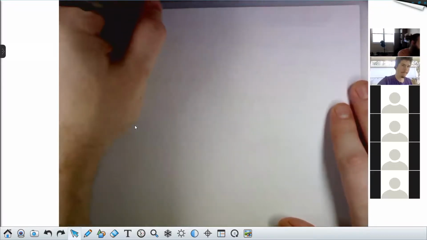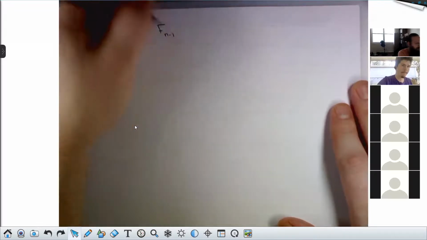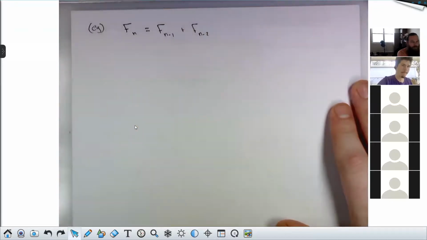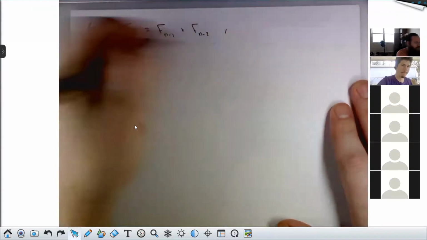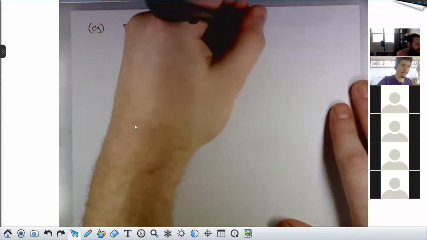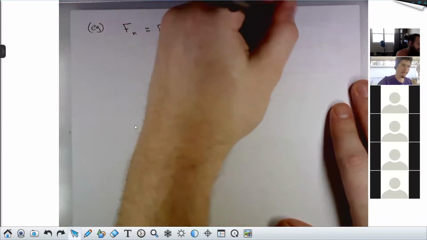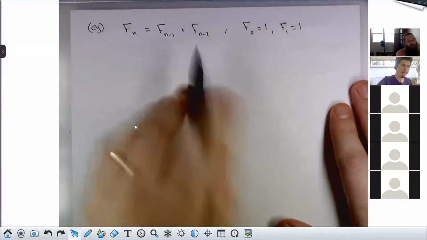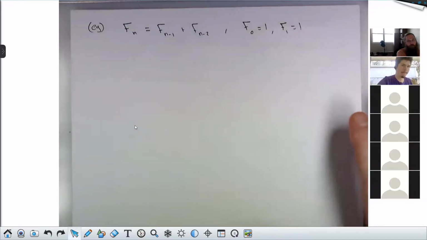The nth Fibonacci number is what you get by taking the previous 2 Fibonacci numbers and adding them up. So here you need 2 initial conditions. I have to tell you that F_0 is 1 and F_1 is 1. As many previous terms as you have here, you need that many initial conditions.